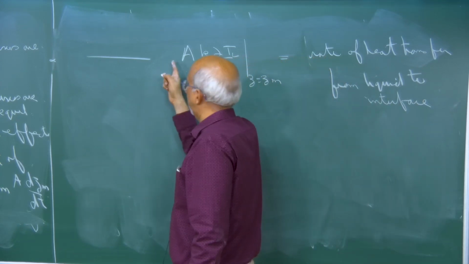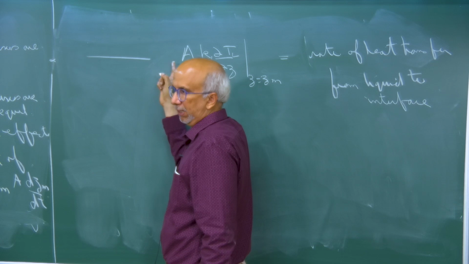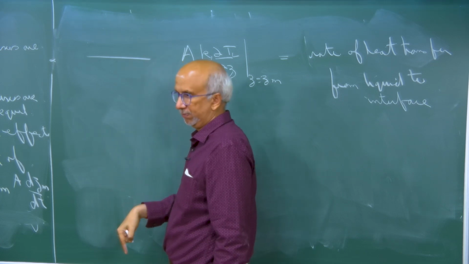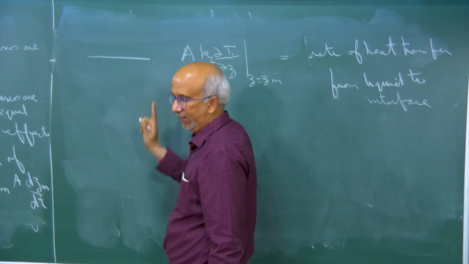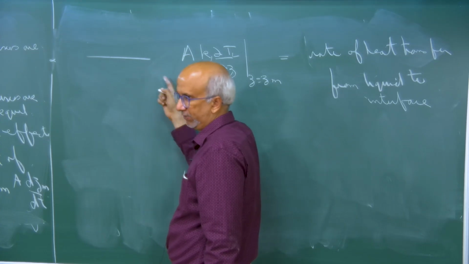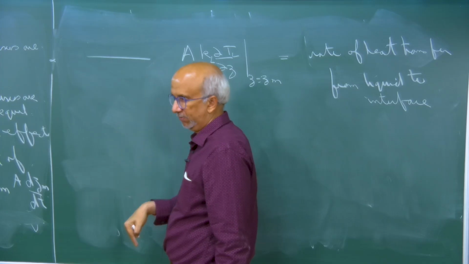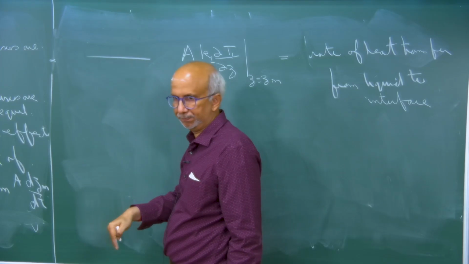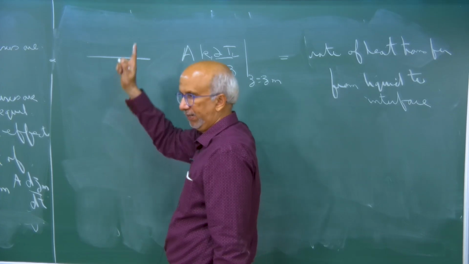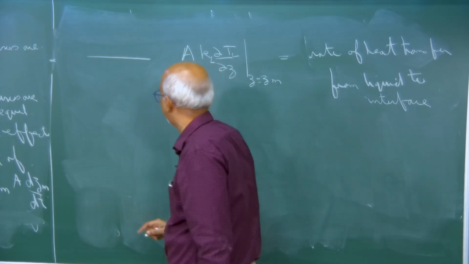Because I do not have a negative sign, that means this is flux in the negative z direction. Therefore, if I have a negative sign, it is the flux in the z direction. There is no negative sign, so there is a flux in the negative z direction. The negative z direction is from the liquid to the interface, okay? Because the positive z direction is upward, z equal to 0 is at the bottom.